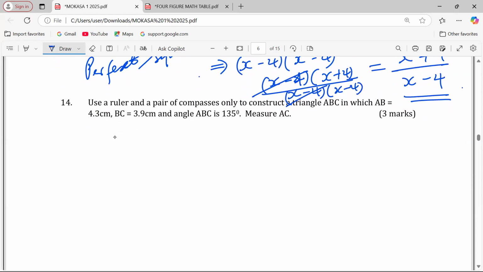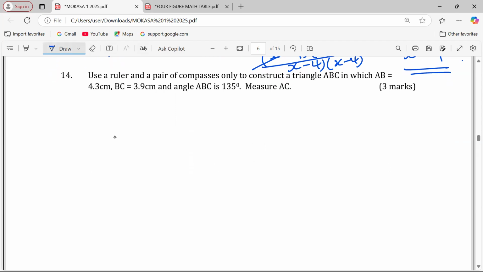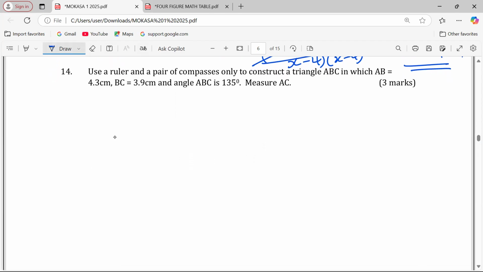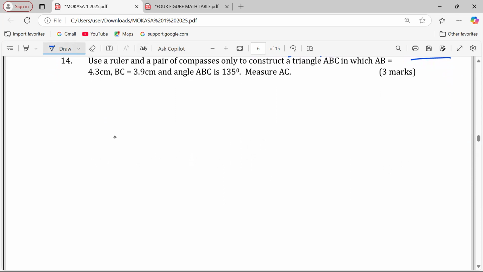Number 14, which is a question on geometry. Use a ruler and a pair of compasses only to construct a triangle ABC, in which AB equals 4.3 centimeters, BC 3.9 centimeters, and the angle ABC is 135. Then you measure the length AC.